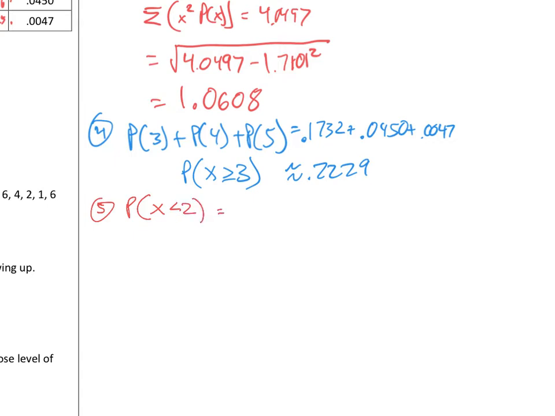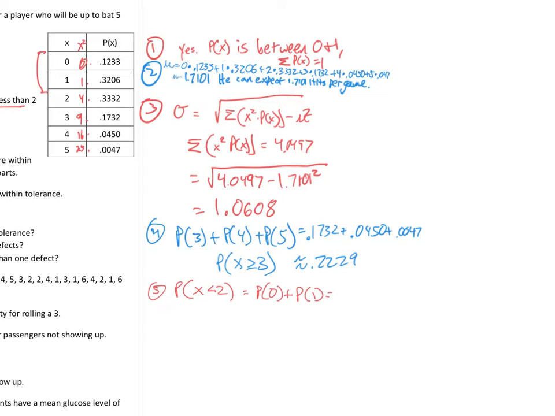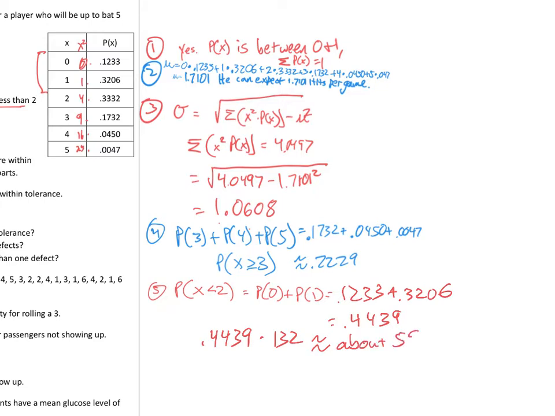That's P0 plus P1, which is 0.1233 plus 0.3206, which is 0.4439. Then we take 0.4439 times 132 games, and we get about 59 games.